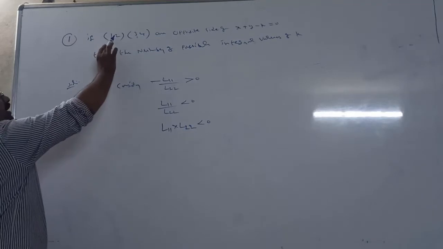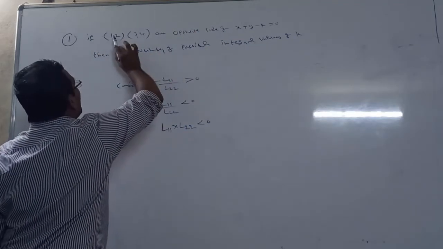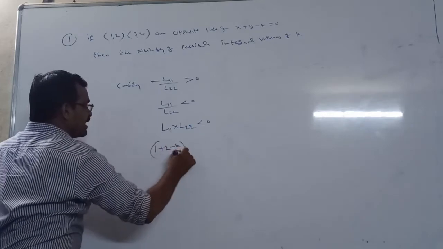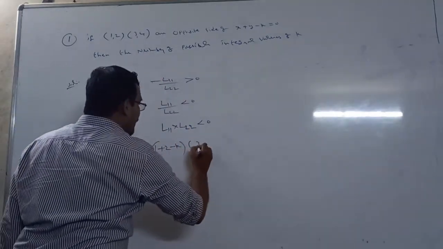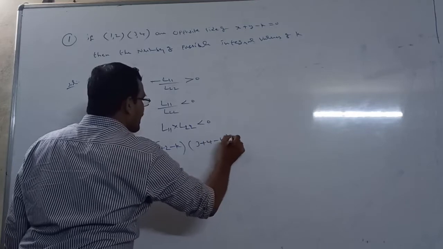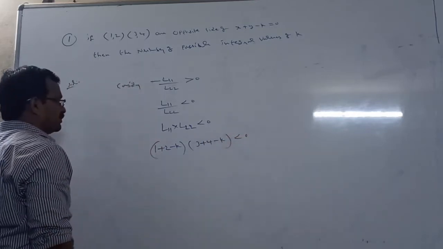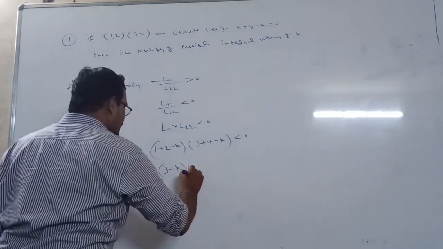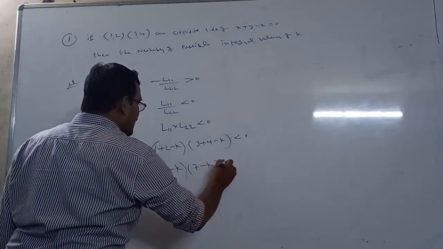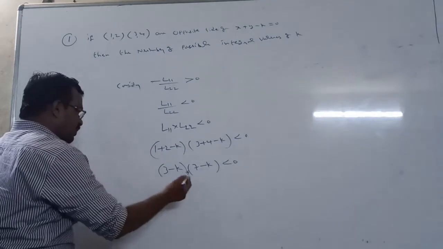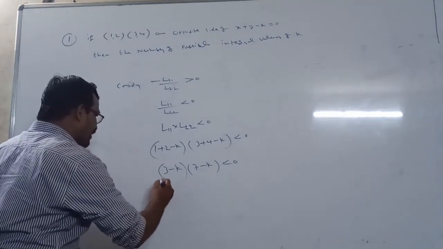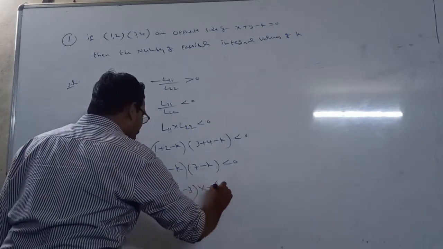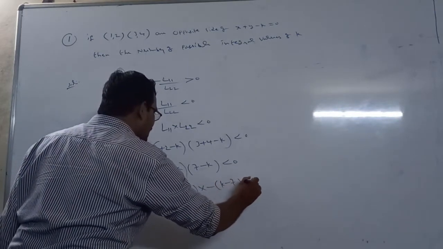L11, the first point substituted in the line: 1 plus 2 minus k. L22: 3 plus 4 minus k. Less than 0. Next, 3 minus k and 7 minus k less than 0. Take minus common: minus of (k minus 3) into minus of (k minus 7) less than 0.